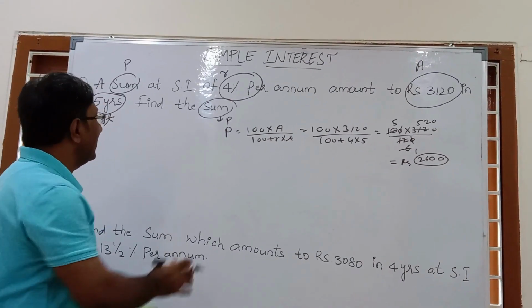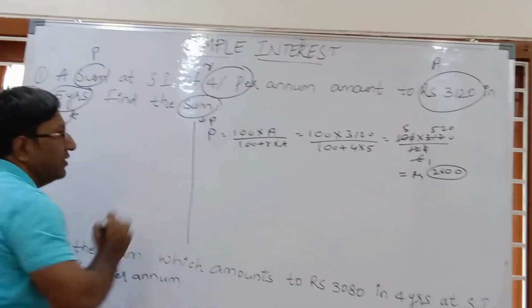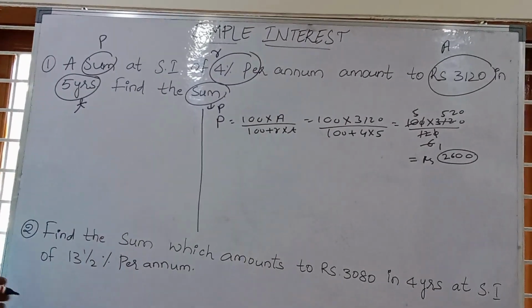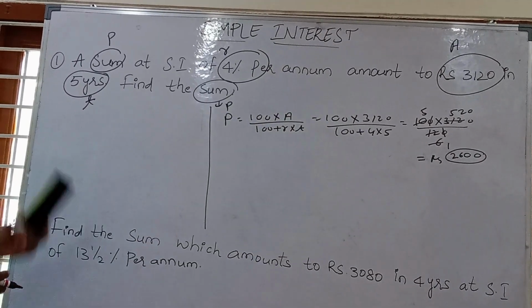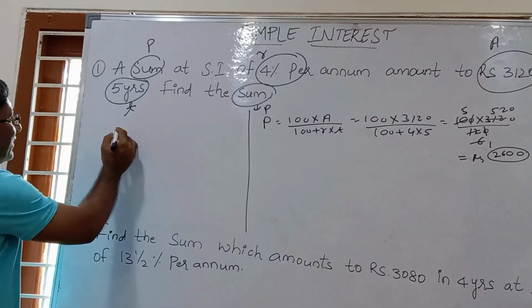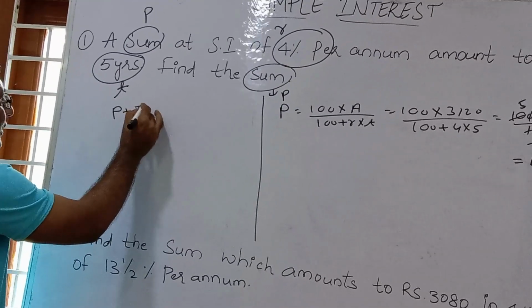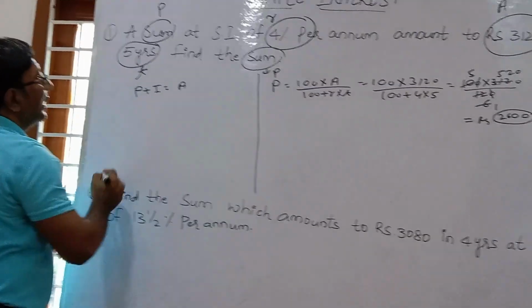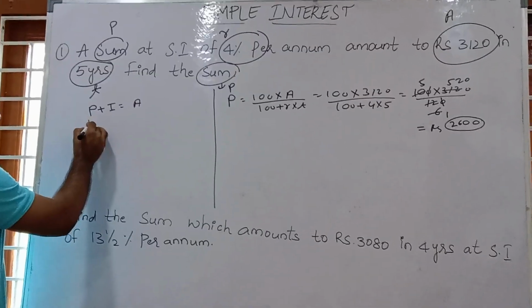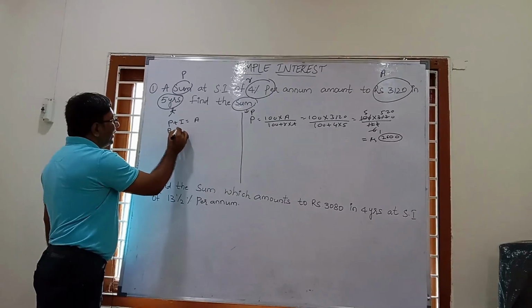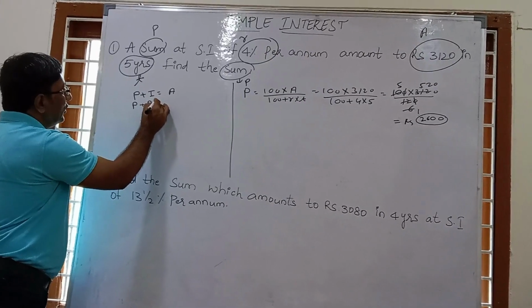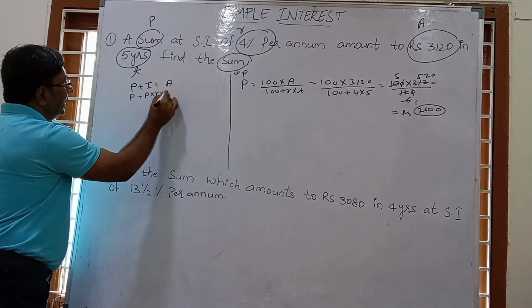But if we solve this question by the basic method, it takes a lot of time. The basic formula is principal plus interest equals amount. Here principal is not known, so principal is P. Interest is P into R into T by 100.